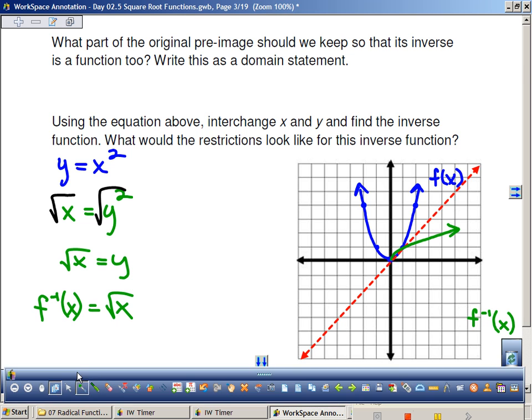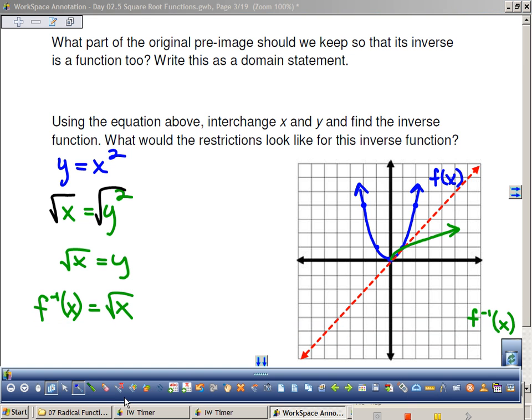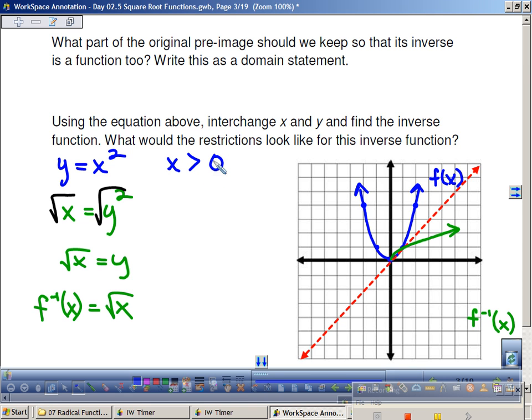So technically when we're doing this, and you don't have to write it, this is just for informational purposes, when I'm trying to find the inverse I would say the domain of this, we'd have to say that x has to be greater than 0 on the blue part, right? We're only talking about this part of the graph. We're just going to take the inverse of this part of the graph, then it's going to flip over that y equals x, or reflect over it, and we're going to get that part of the graph.